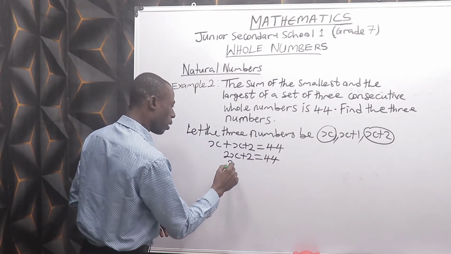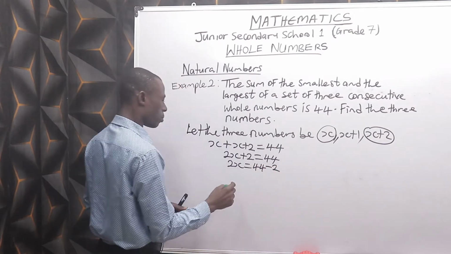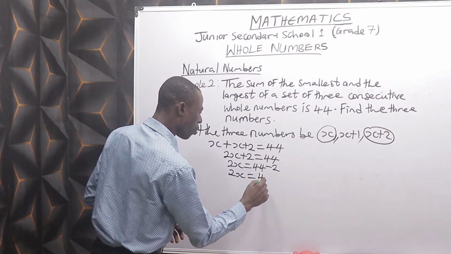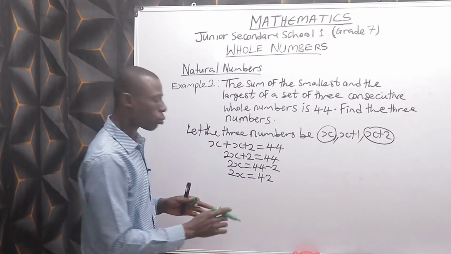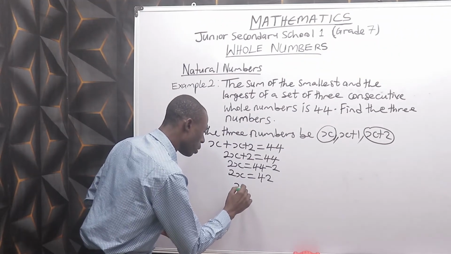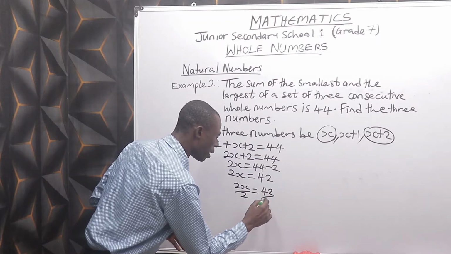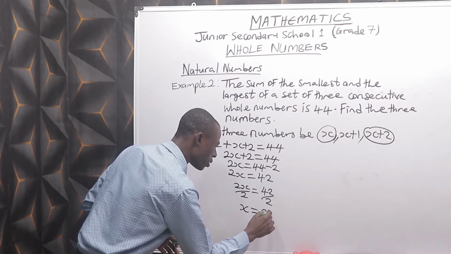Collecting the like terms, we have 2x equals 44 minus 2. So 2x equals 42. Divide both sides by 2. We have 2x divided by 2, which is equal to 42 divided by 2, and x will be equal to 21.